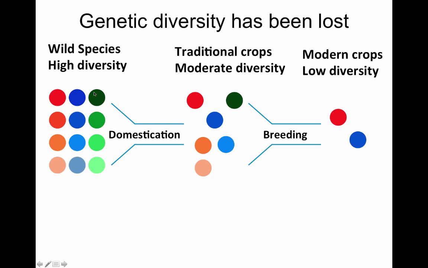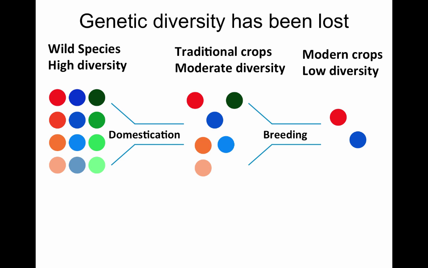Over the course of selecting just a few of these variants for domestication to breed for the kinds of traits that we desire in these crops, we reduce that genetic variability by definition because we're only selecting a few genetic variants. And so in traditional crop breeding, we're able to target traits that we like fairly well.